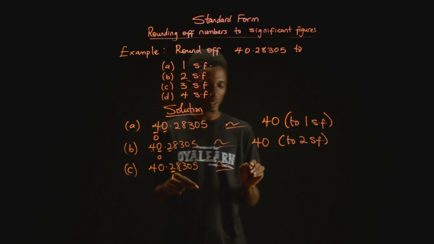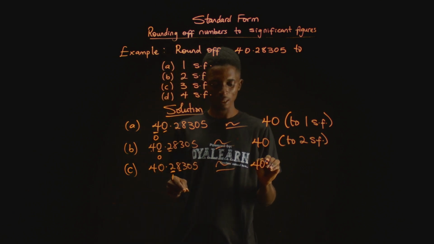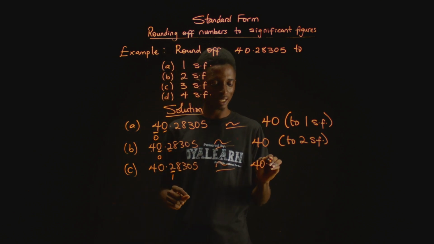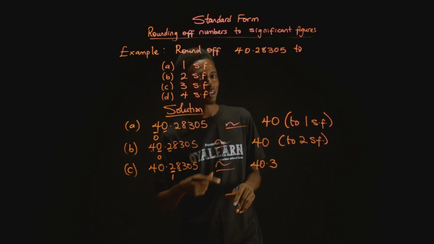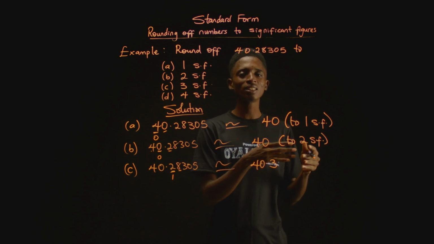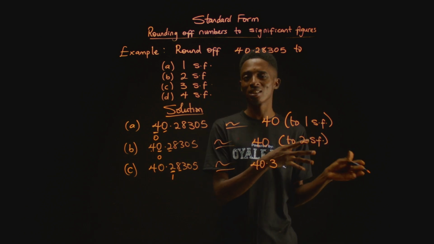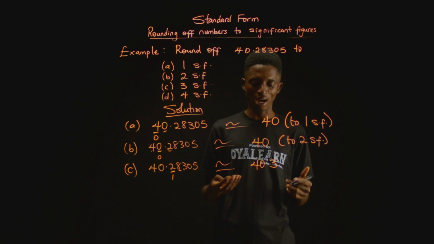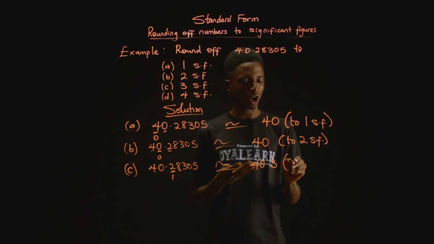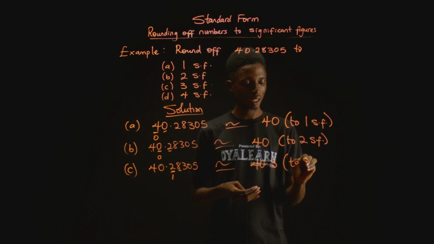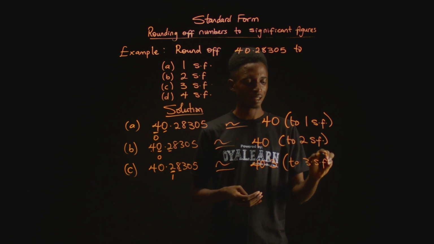And when we add that, we get 40 point, now 2 plus 1 gives us 3. Now every other digit becomes 0. And recall when I said that when the digits after the decimal point are 0, we do not need to write them out. So in this case, we just write out 40.3, and we always tell that we have done this to 3 significant figures.